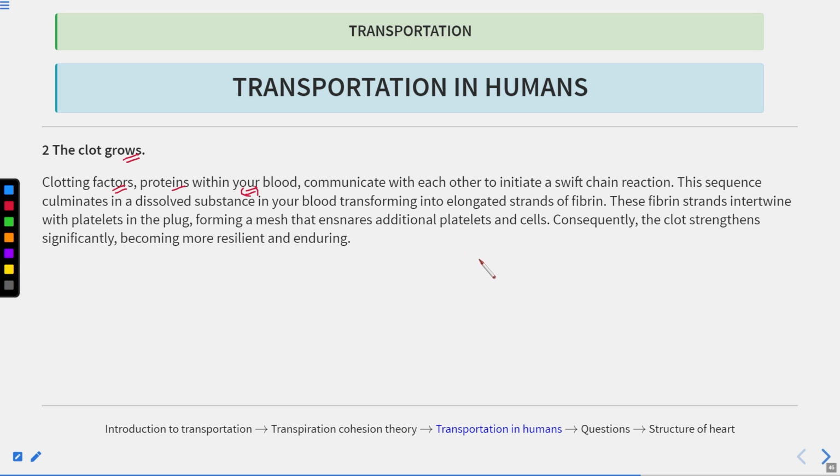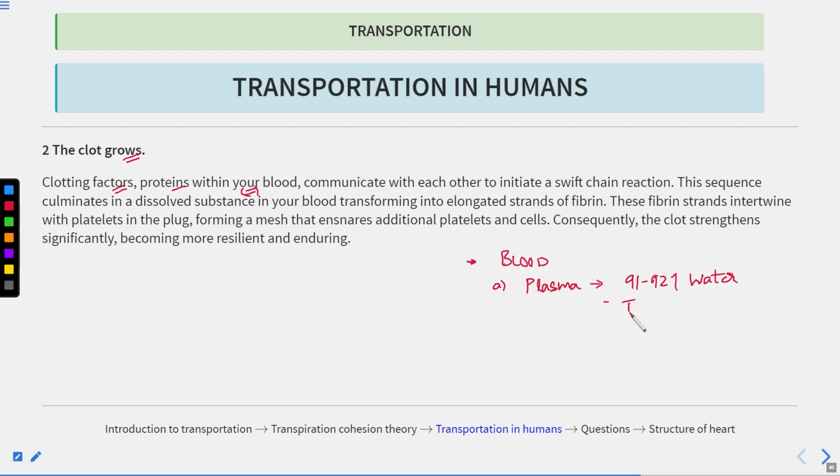If we talk about the blood, first of all it consists of the plasma. Plasma we have already discussed. It is around 90 to 91% water.